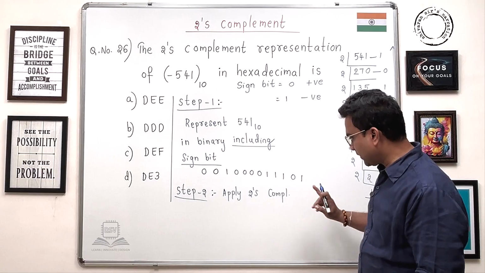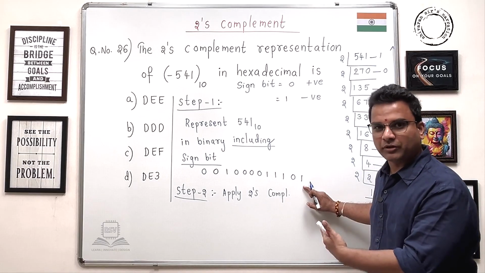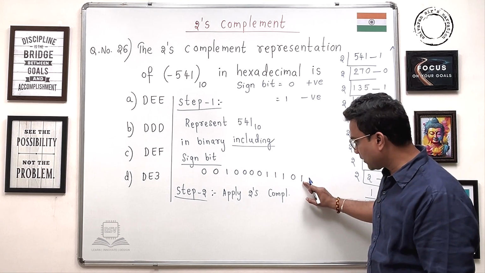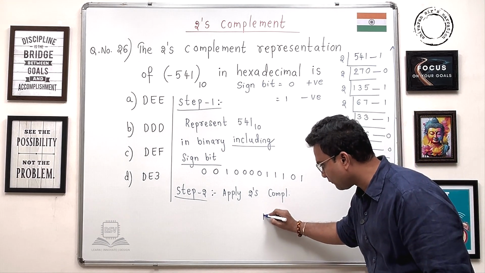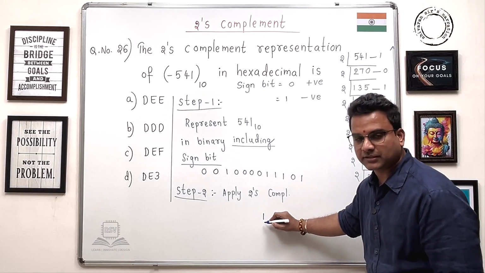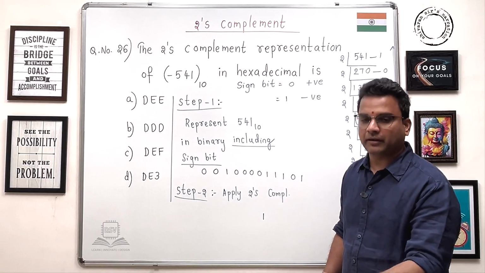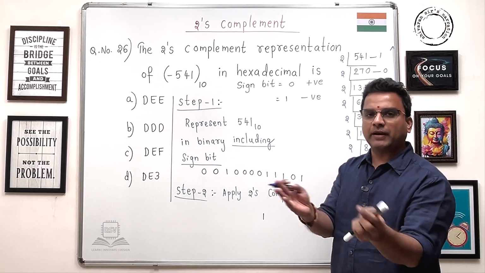That's it. So here from the LSB, we don't have any zeros. The first logic 1 is there, so you copy it as it is. Then for the remaining bits, apply 1's complement, meaning 0 becomes 1 and 1 becomes 0.